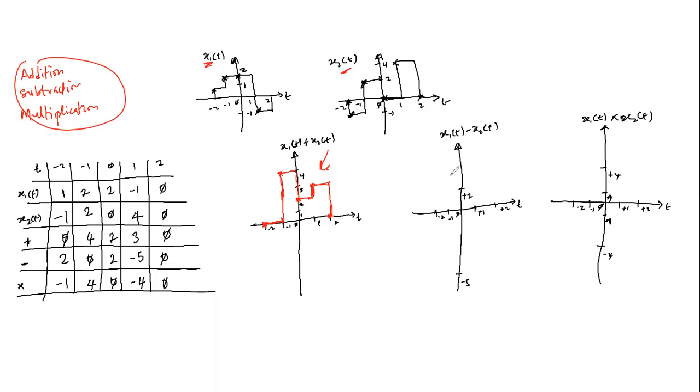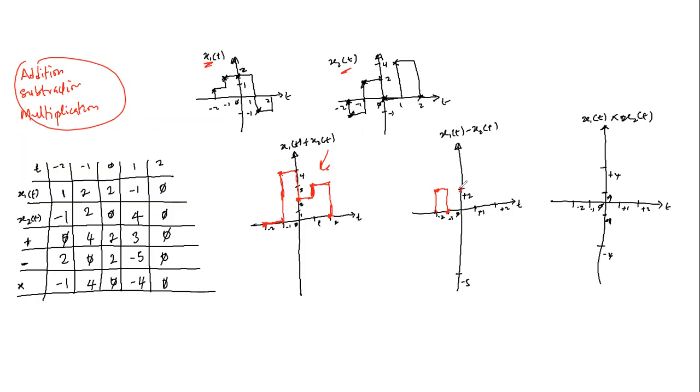And for the subtraction operation, at t equal to -2, the amplitude is 2. So we have something here. Then at t equal to -1, the amplitude drops to 0. Then at t equal to 0, the amplitude rises to 2.